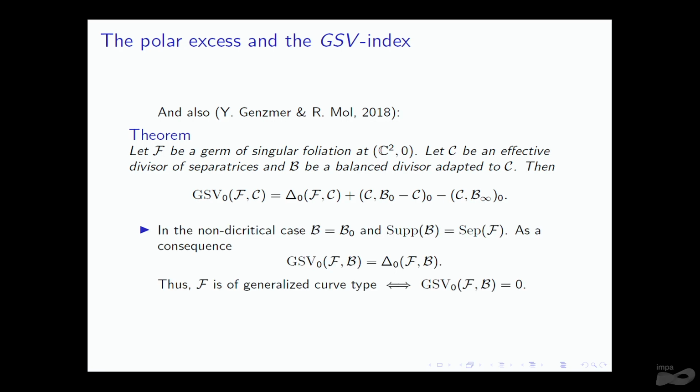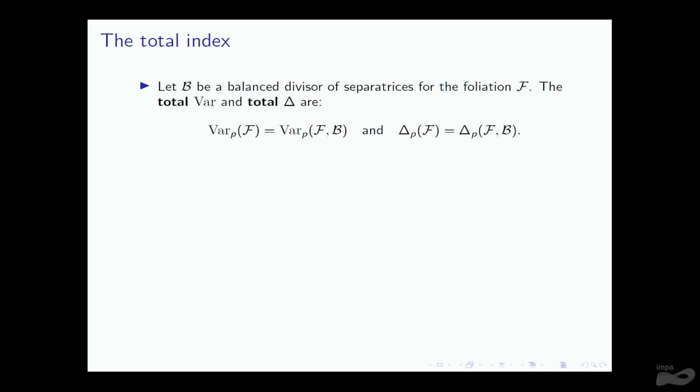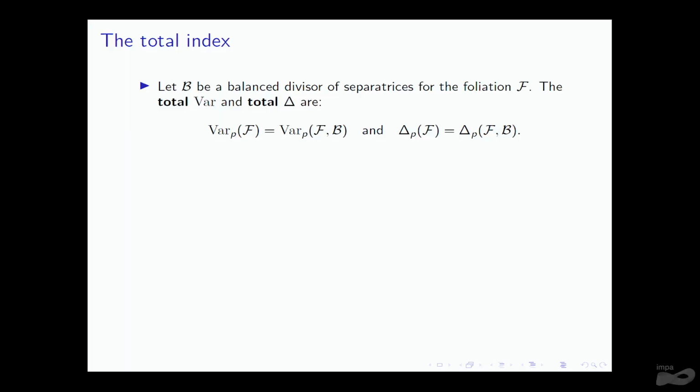Now, I define the total index. The total var will be defined as the var calculated with respect to a balanced divisor of separatrices, and the total delta will be the delta calculated with respect to a balanced divisor of separatrices.